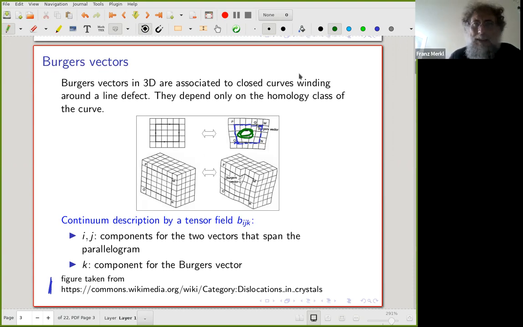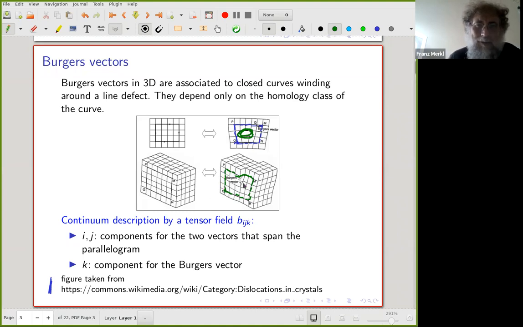The same is true here in 3 dimensions. Let's look at this picture. Here, let's start at this point O. Let's go 1, 2, 3, 4, 5 steps to the right, then 1, 2, 3, 4 steps upwards. Then 1, 2 steps to the left, but 1 step out in the 3rd dimension out of the picture, and then again 1, 2, 3 steps to the left, and then 4 steps downwards.